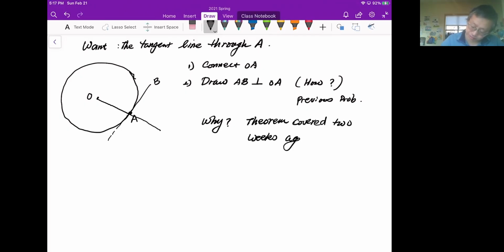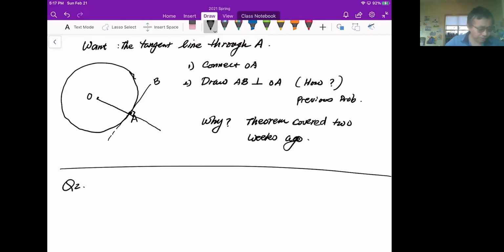And then we are done. As long as they are perpendicular, there must be a tangent line. Okay. Now next one. So that's my first question. All right, second question. Question number 2.